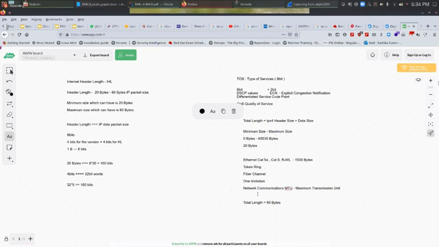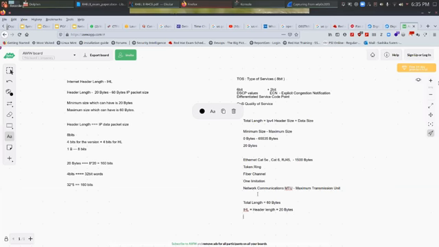The IHL, or rather we call it the header length, they are going to say 20 bytes. Can you tell me the size of the data that they are carrying in this particular data packet? 40 bytes.